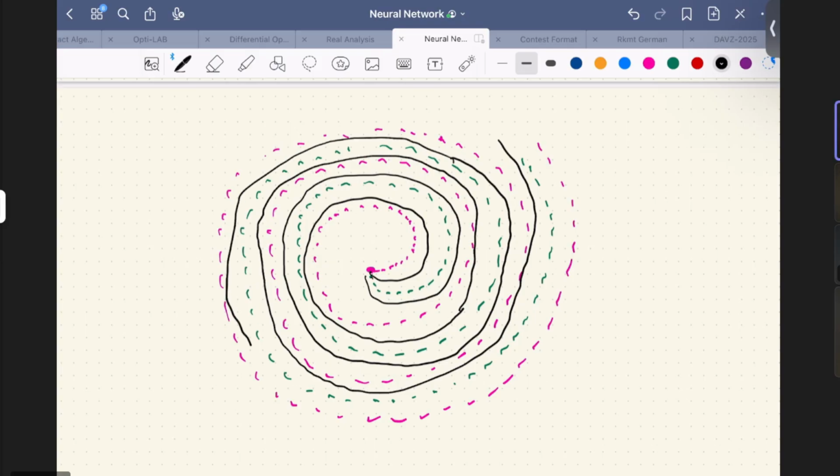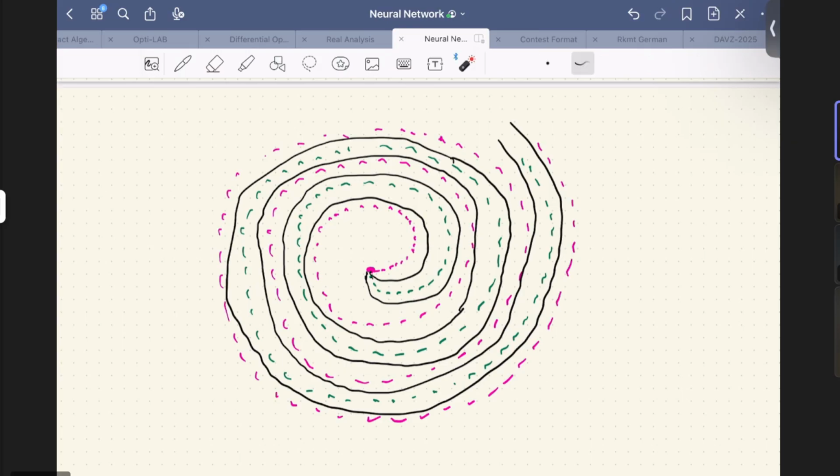Two spirals should come out so that they define a band. Now you can say clearly that the things between these two will be green, and the things below this one are pink.